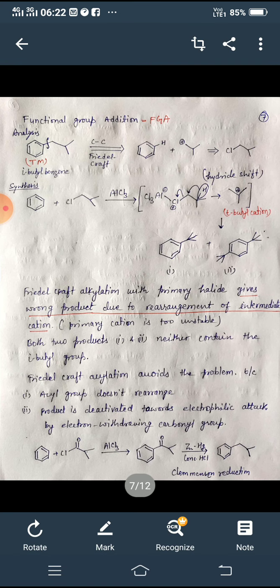Both of these products are not the same as the target molecule, because Friedel-Crafts alkylation with a primary halide gives the wrong product due to the rearrangement of the intermediate cation. The primary cation is too unstable and the tertiary cation is more stable. In the mechanism of this reaction, the primary carbocation converts into the tertiary butyl cation.